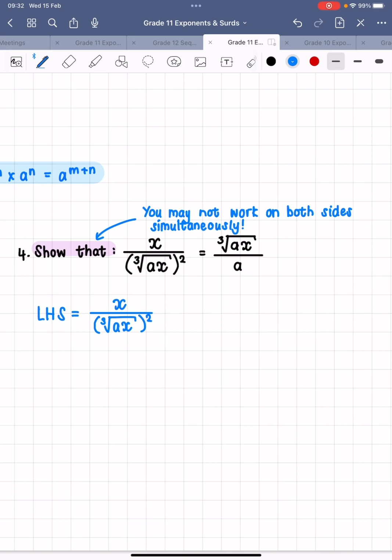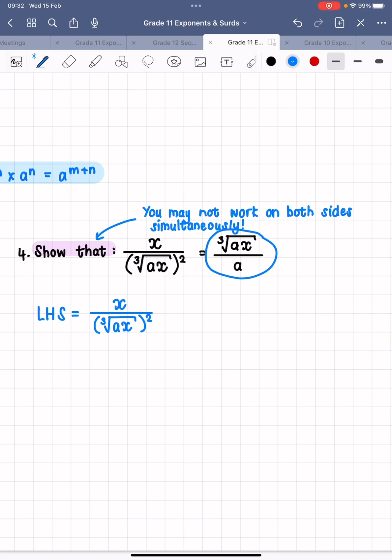Now guys, we need to change what we have here on the left-hand side to what they gave us on the right. We basically need to do things step by step in order to prove that the left-hand side, which is what we're starting with, is equal to the right-hand side. So basically we are going to try and change this expression to the circled expression on the right.